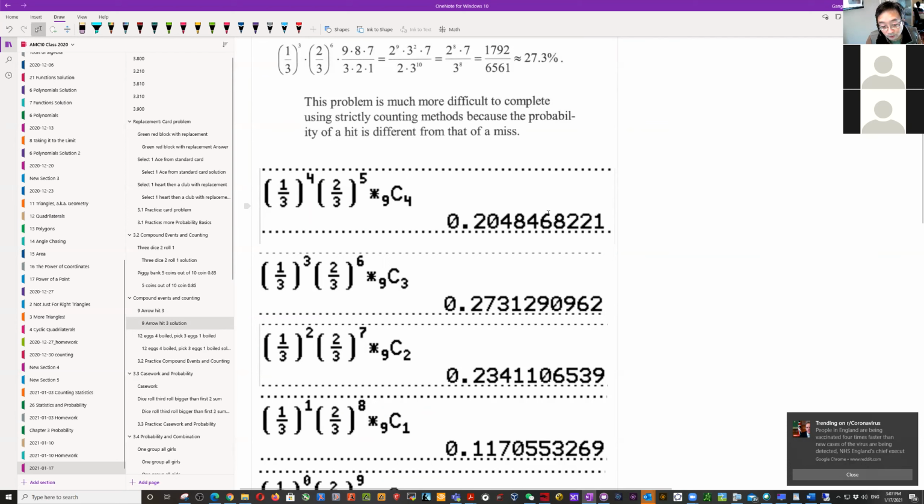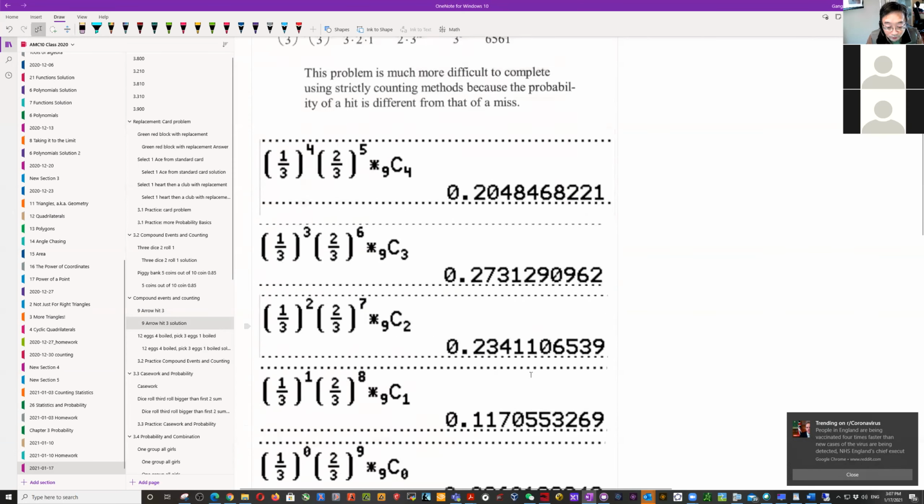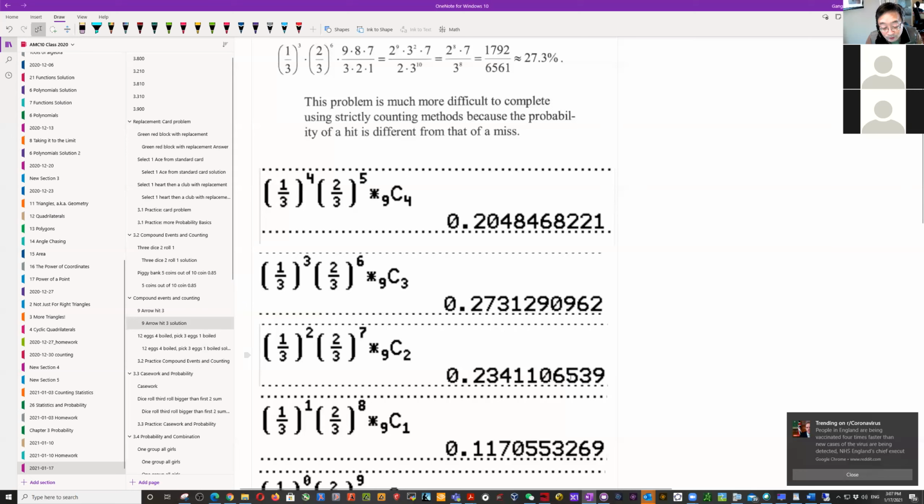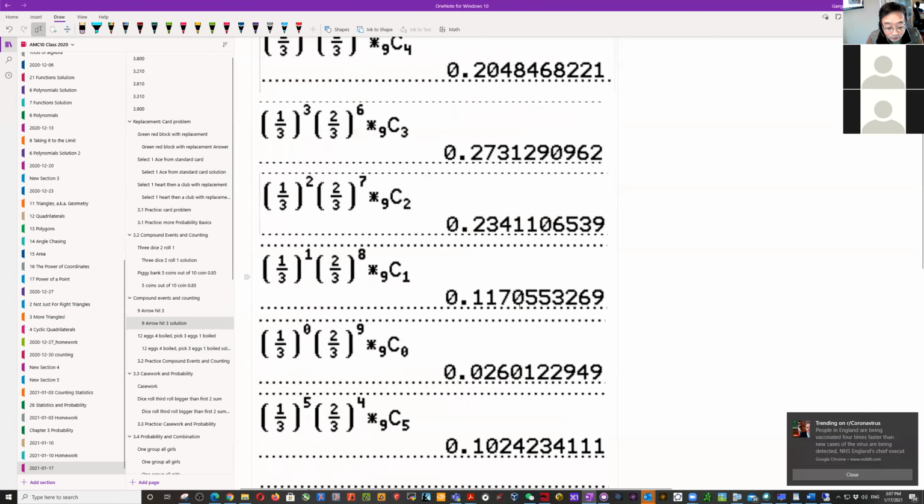You can just modify it in the calculator. This is what I did on the calculator: backspace and modify the number a little bit, and you can calculate them all out. The 4-arrow chance is 20%, the 2-arrow chance is 23%. So it's actually easier to miss than you know.